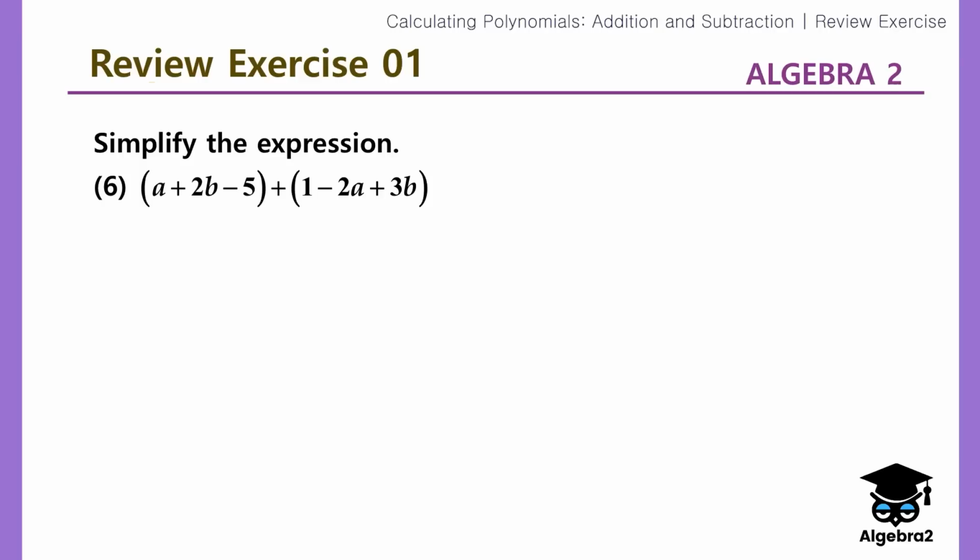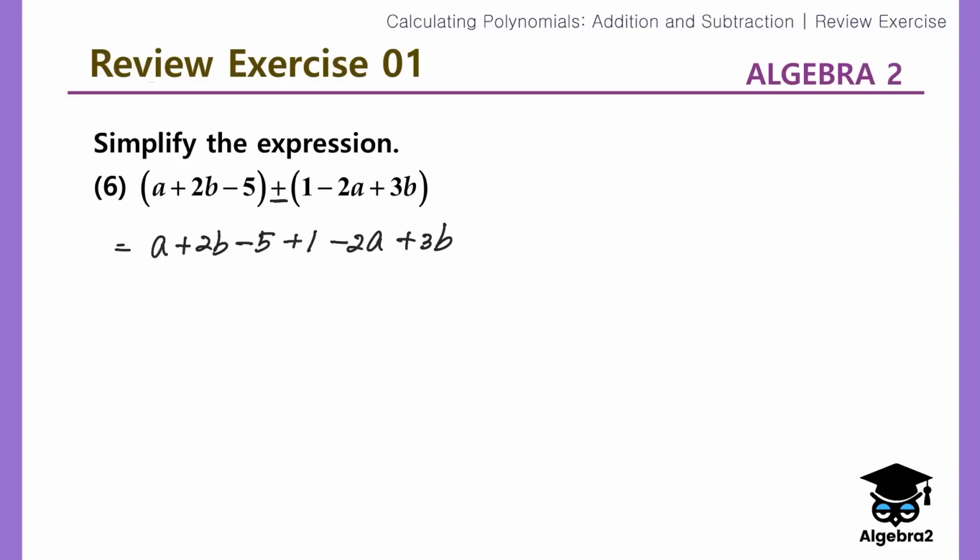Number 6, let's solve the parentheses. We have a plus 2b minus 5 plus 1 minus 2a plus 3b. So we have two different variables, a and b, right? Then we're going to write them in alphabetical order.